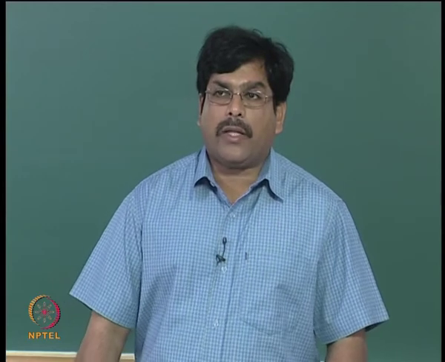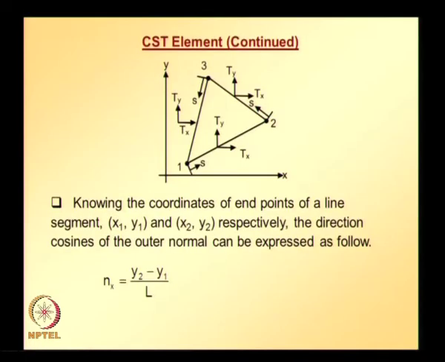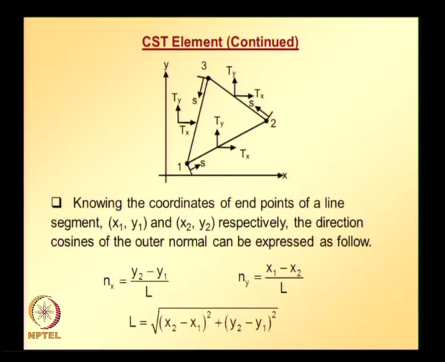With that information we can easily calculate the direction cosines of the outer normal to this edge 1 2. Using this relation nx can be calculated, using this relation ny can be calculated, where L is the length of edge 1 2, the length of the line segment joining nodes 1 and 2, which can also be calculated from the nodal coordinates.